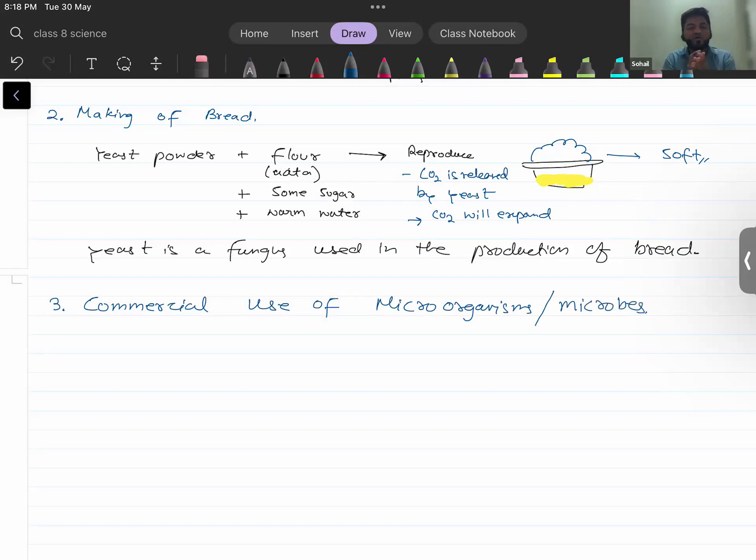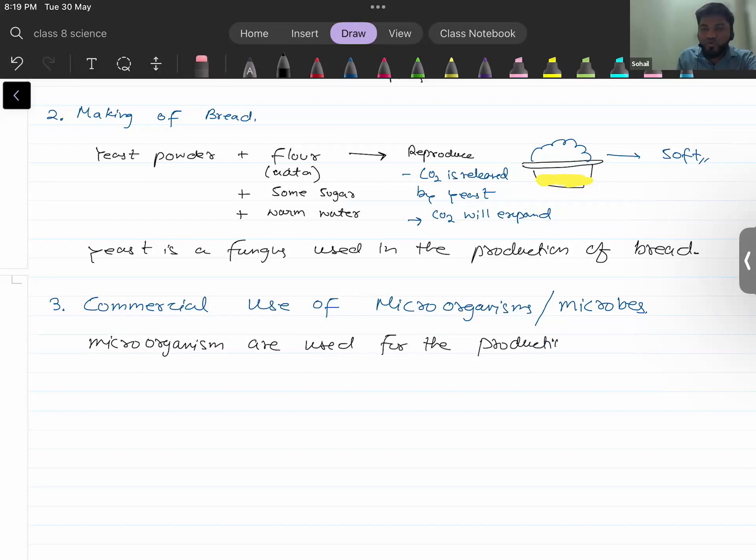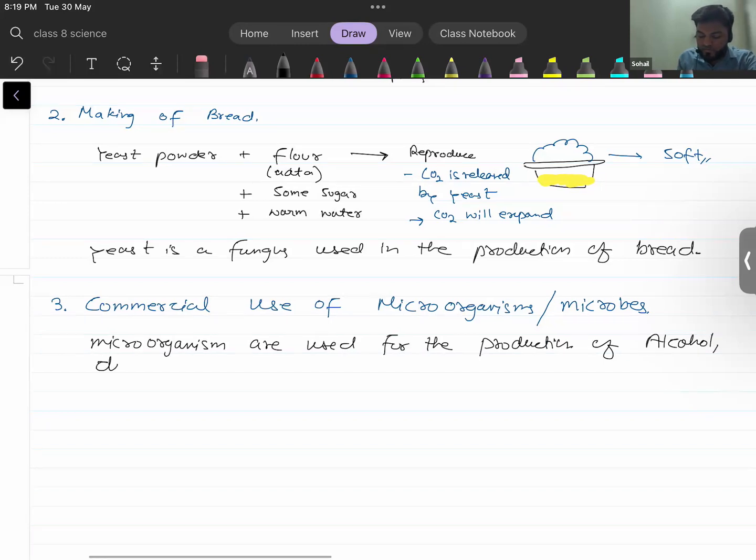Now, you see, microorganisms are used on a large scale for the production of alcohols, vinegar and medicines also. So we say that microorganisms are used for the production of alcohol, drugs.